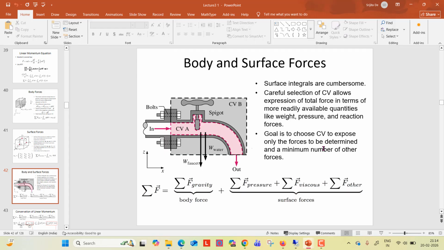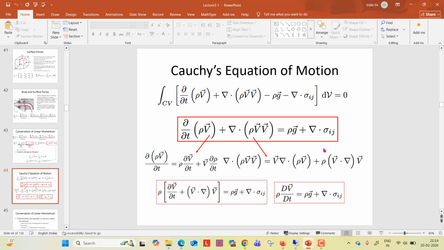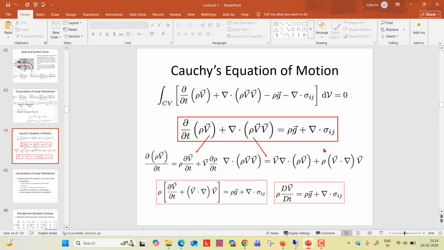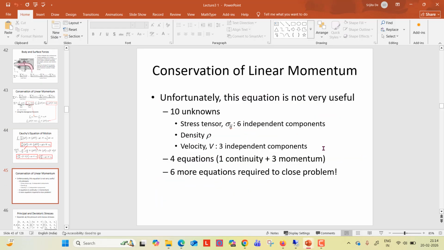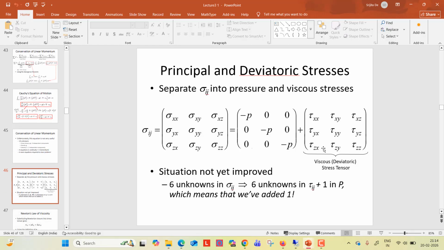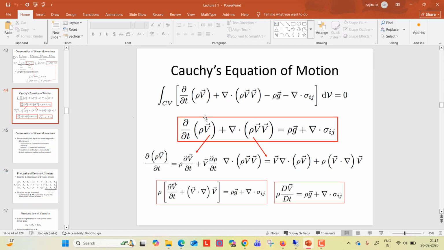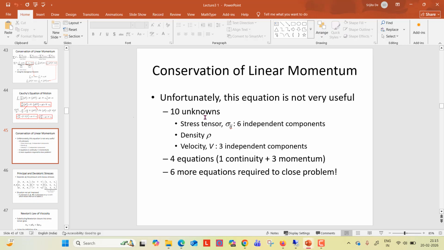You can see the stress term. You have seen that tau xx, tau yy, and tau zz have an extra pressure term, right? This is the pressure force, which is a surface force.